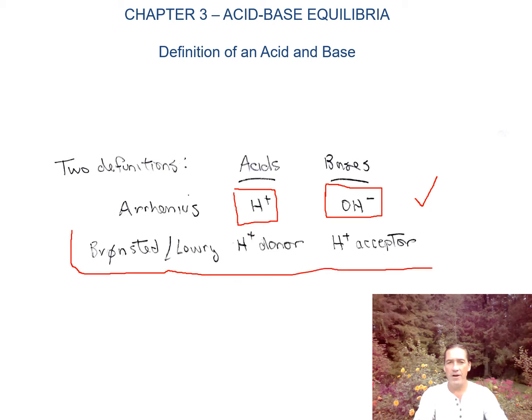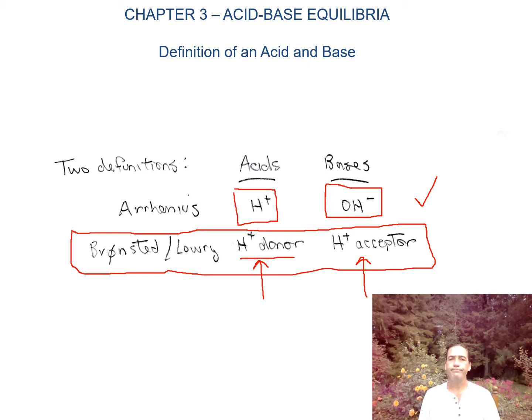The Bronsted-Lowry definition, again, probably have to go back 100 years, is a much more flexible definition. It's very similar, but it allows for more things to be acids and bases. An acid is an H+ donor. So it's not much different than the first definition, but this allows for, say, organic molecules or macromolecules in a biological system to donate a proton.